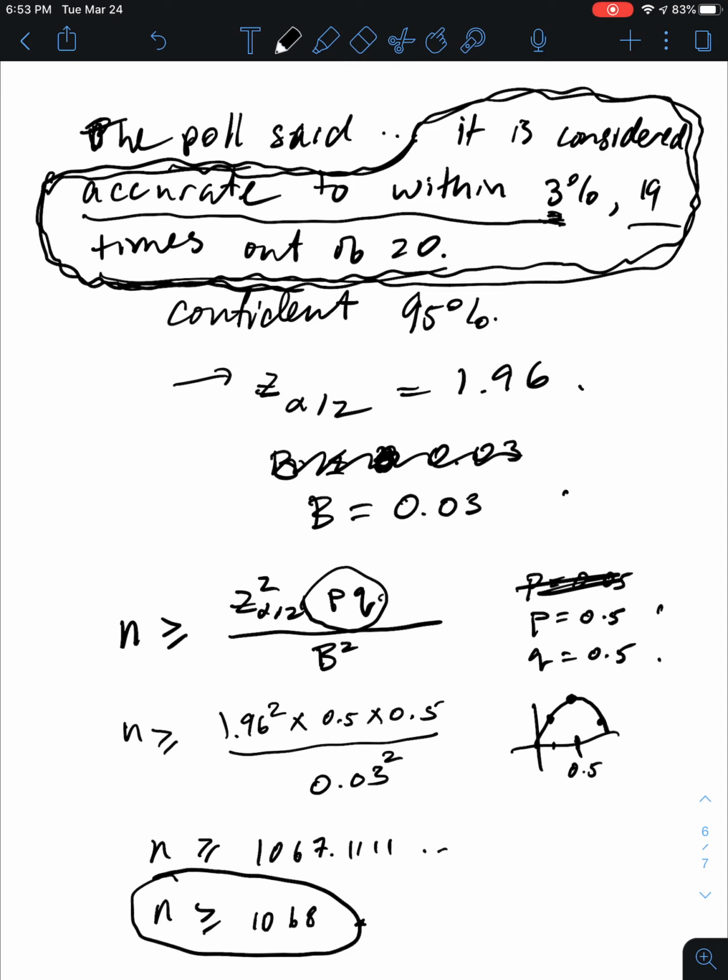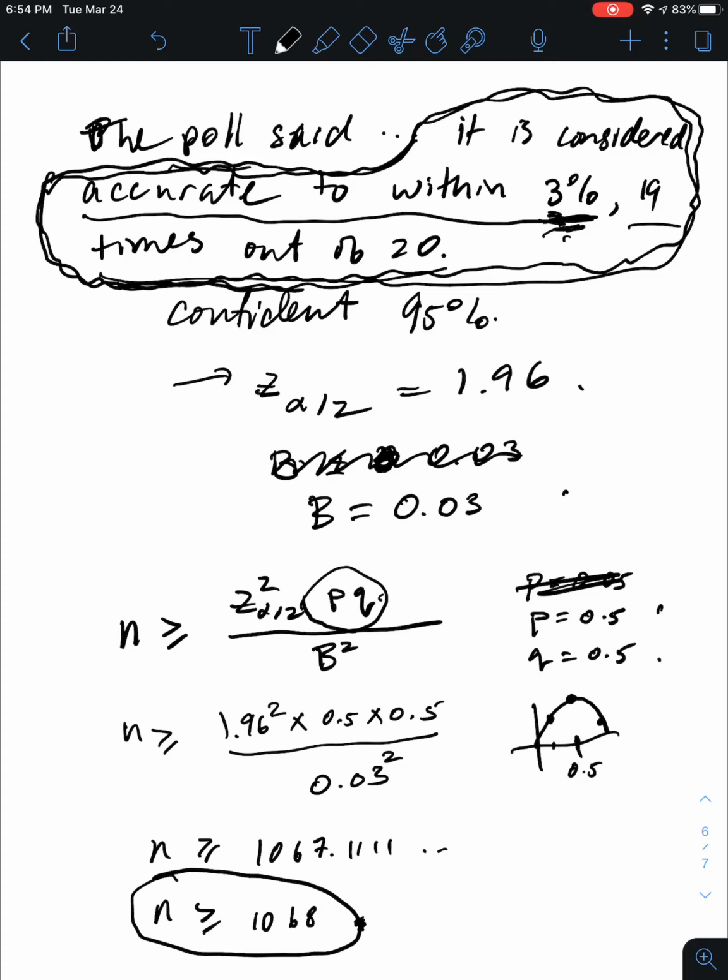So if you're a bare bones polling organization and you don't have a lot of money, you can lower this number, but then this is going to suffer. You're going to be less than 3% accurate. So most polling agencies accept this. They think 1,000 people is a reasonable expense to pay in order to get that 3% accuracy.